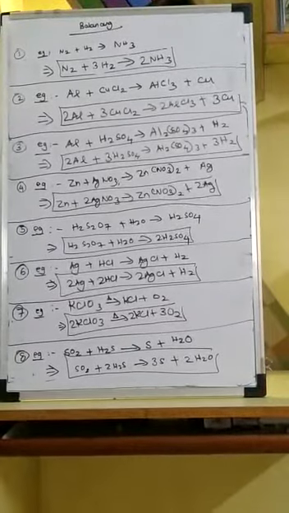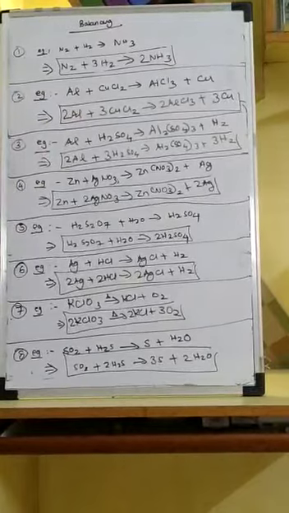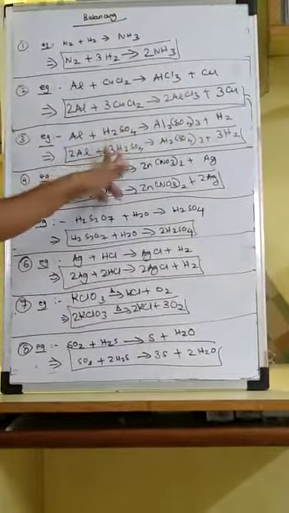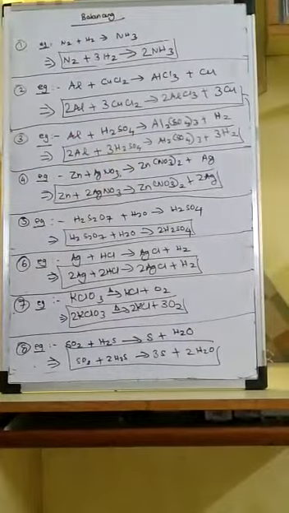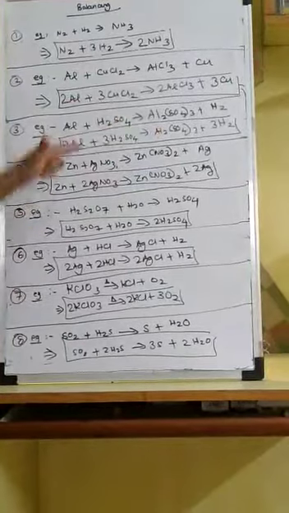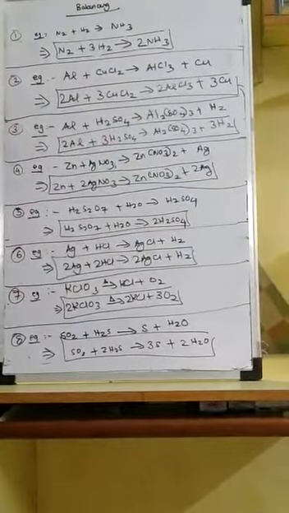The third one, aluminium plus sulfuric acid, giving me Al2(SO4)3 plus H2. There are 3 sulfates on the RHS, so I can straight away make it 3 as a stoichiometric coefficient, implying 3 sulfates on the LHS too. There are 2 aluminiums on the RHS, so I can make it 2 aluminiums as the stoichiometric coefficient on the LHS.